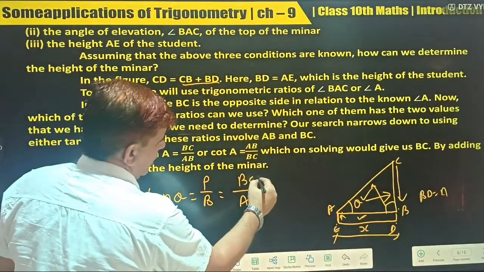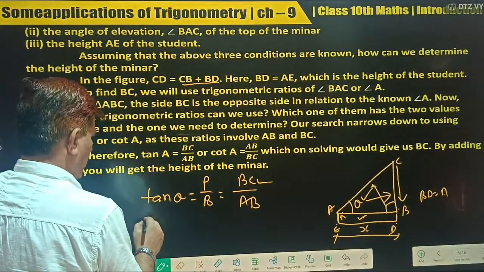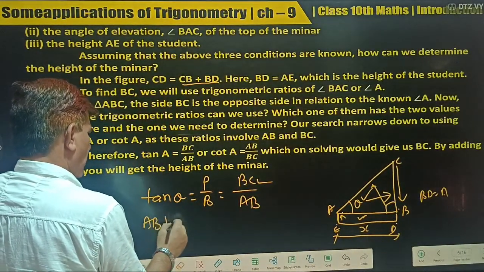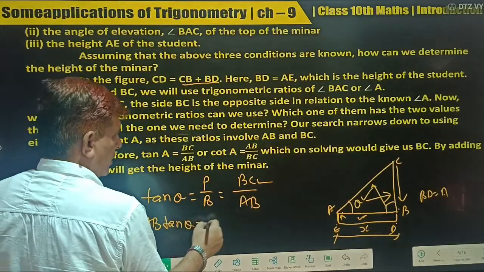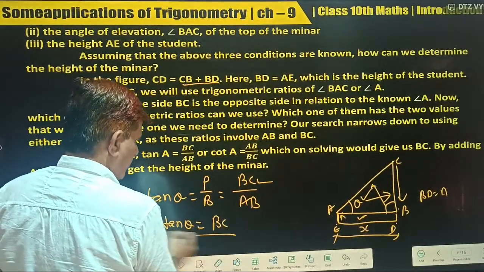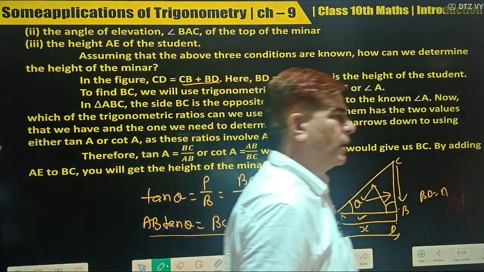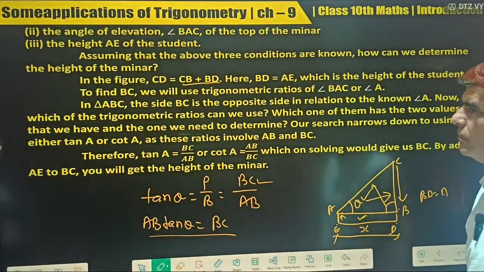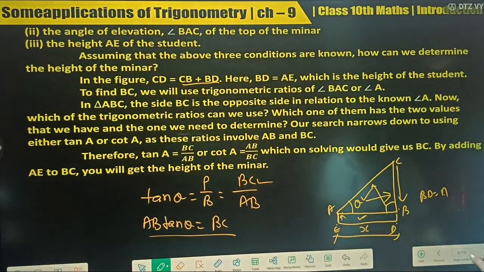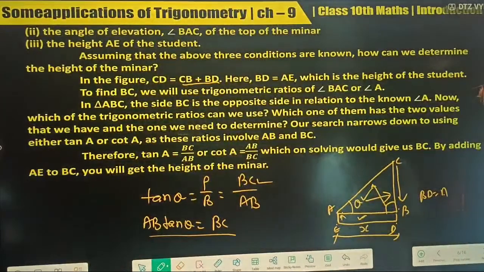And what we have to find out is BC. So AB tangent theta is equal to BC. Yes or no? And BC is the height of the minar.